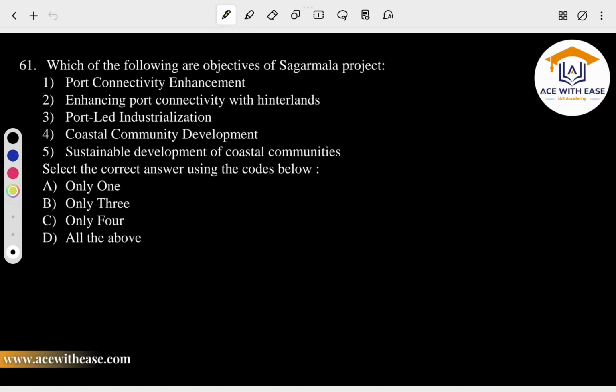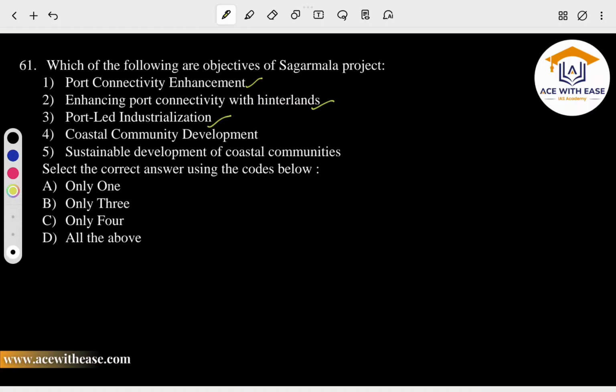61. Which of the following are the objectives of the Sagarmala project? The Sagarmala project has been started by the Government of India, which focuses on a large number of things. The options given: port connectivity enhancement, yes. Enhancing port connectivity with hinterland, yes.